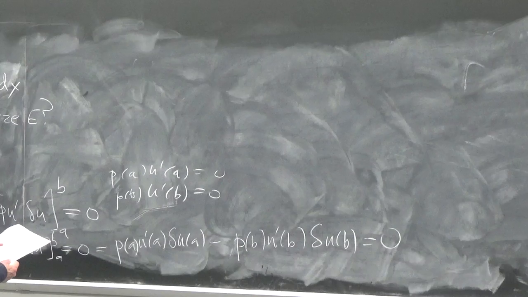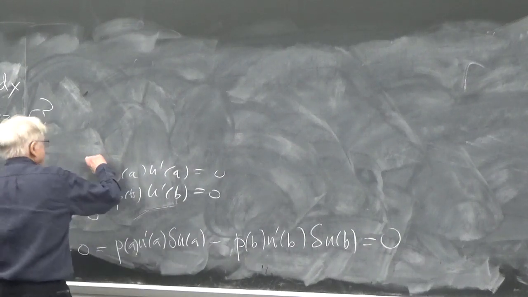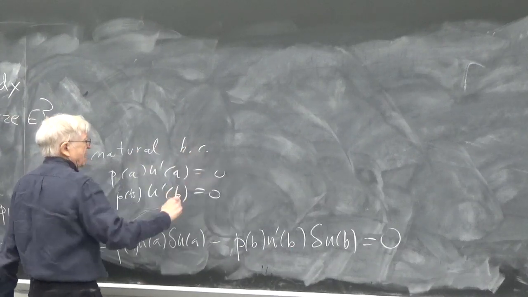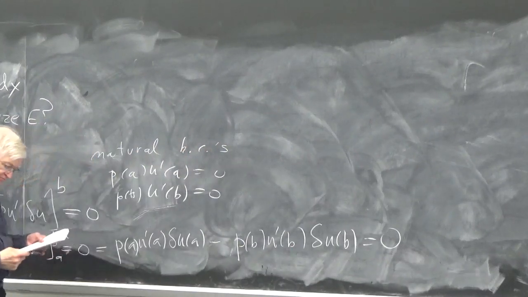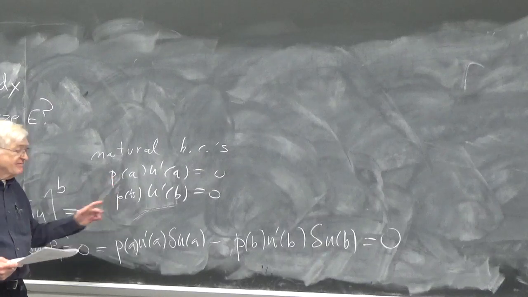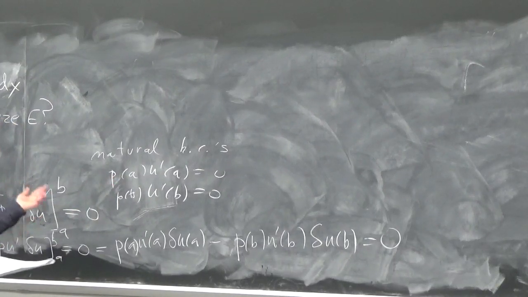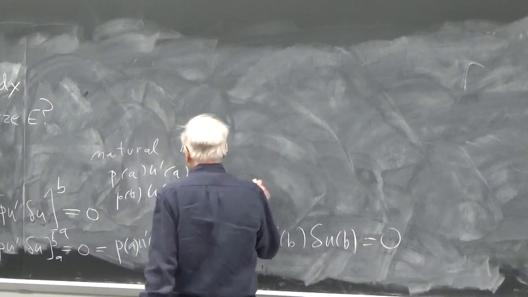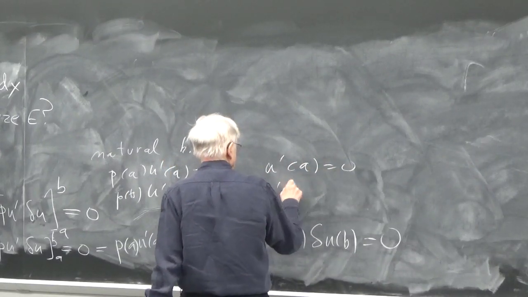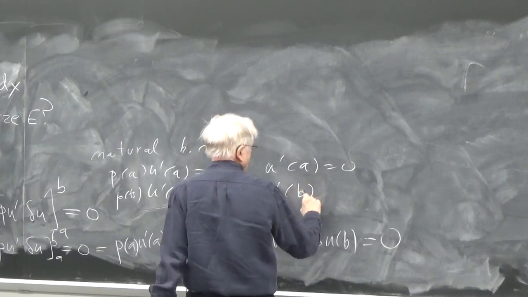These things are called natural boundary conditions. If P of A and P of B are both non-zero, or if either one is non-zero, then what we get is that U prime of A is equal to 0 and U prime of B is equal to 0.